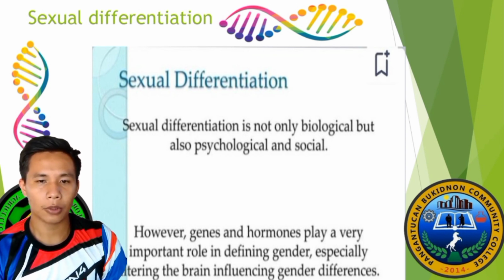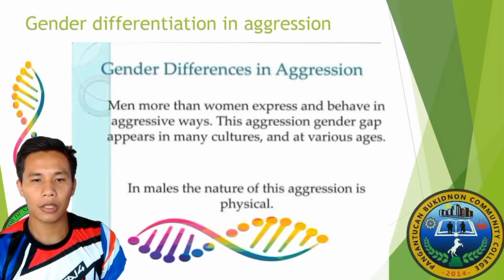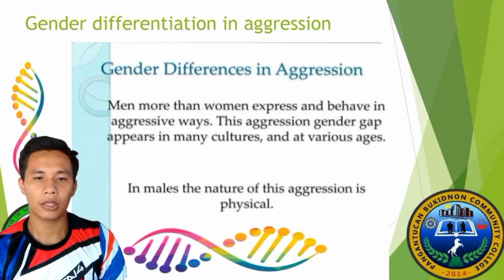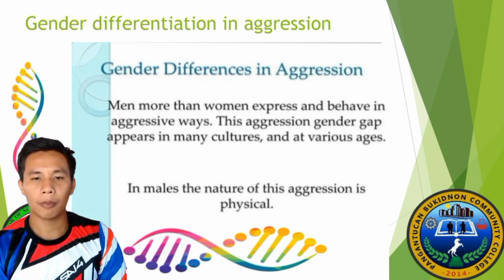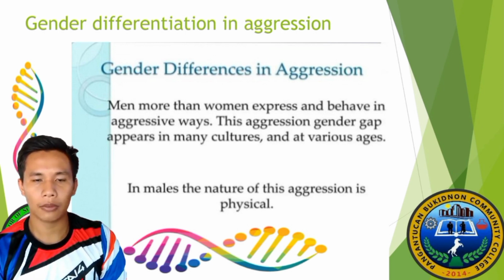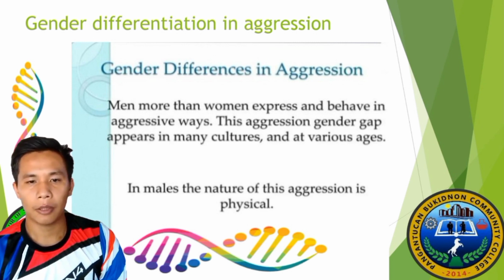However, genes and hormones play a very important role in defining gender, especially by altering the brain. Gender difference: men more than women express and behave in aggressive ways. This aggression gender gap appears in many cultures and at various ages. In males, the nature of this aggression is physical.